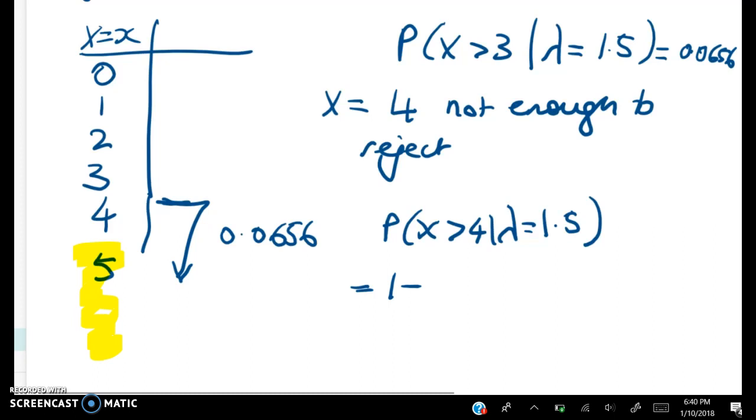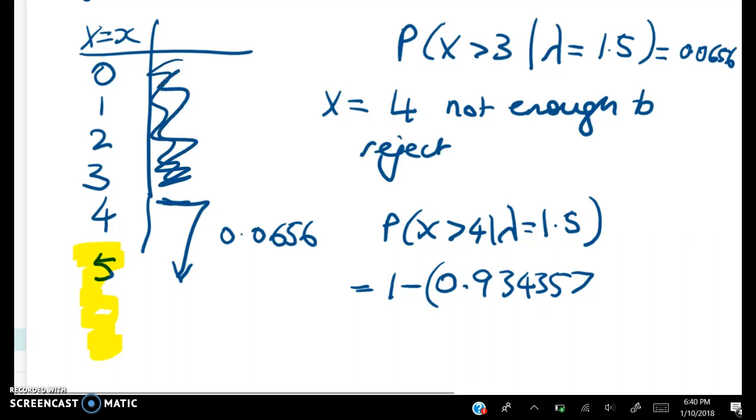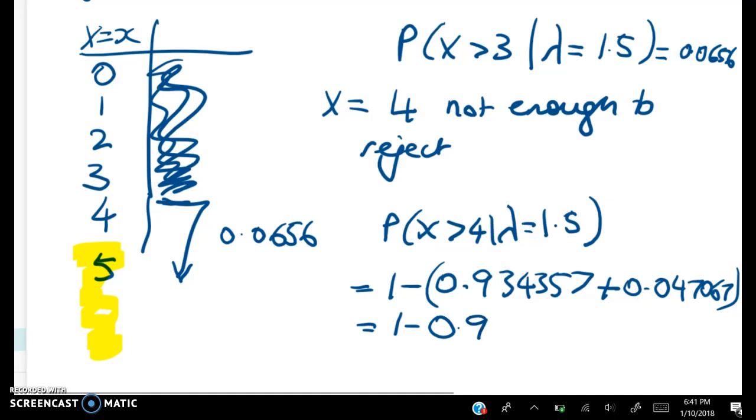Well, that works out to be 1 minus 0.934357, right? So that's coming from all of those values there, plus 0.047067. So that's just enough to tip me over the edge and give me the probability of a type 1 error being 0.0186.